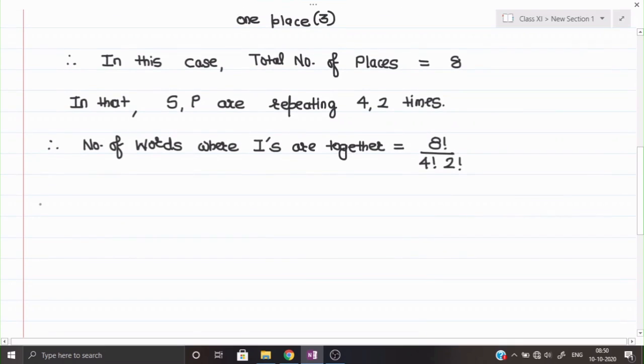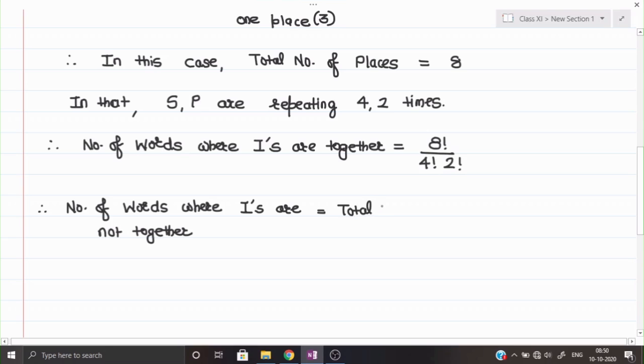So now at last we shall write down, therefore, the number of words where I's are not together is equal to the total number of words subtracted by the number of words where I's are together, that I have told you in the beginning only.